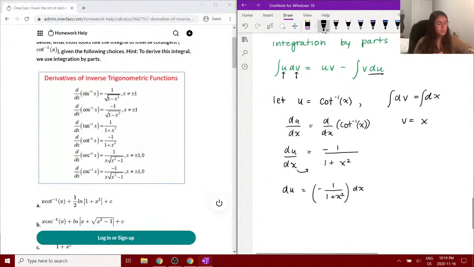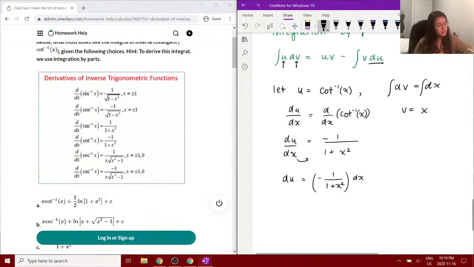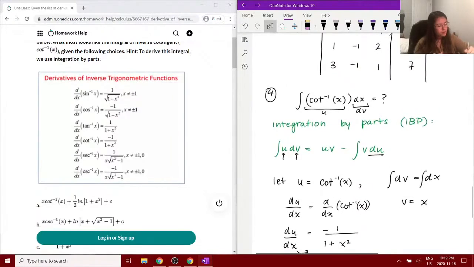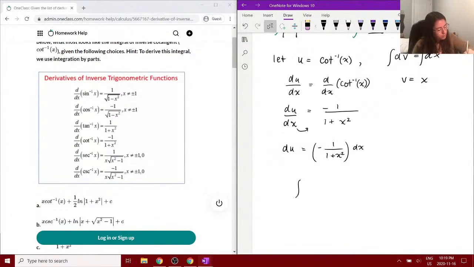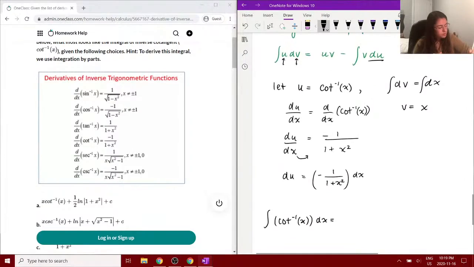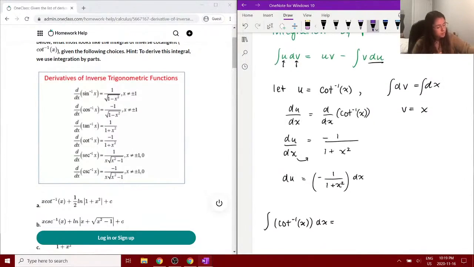So now we have everything that we need. We can start to sub things into our integration by parts. Remember, the question is: what is the integral of the inverse cotangent of x dx? Using IBP, that is equal to u times v.